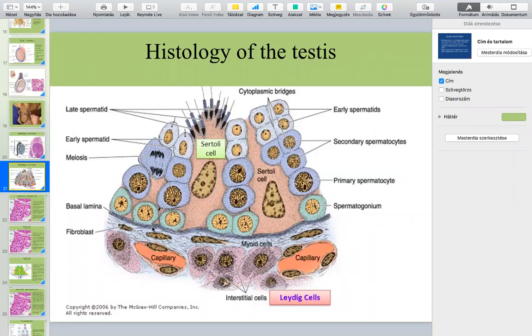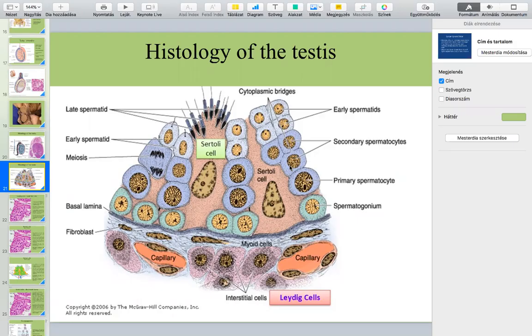It's a really compressed, multilaminated basal membrane, and really close to the membrane, or we can say resting on this membrane, are the less developed cell types called spermatogonia. These are the spermatogonia, and they differentiate into primary spermatocytes, and the primary spermatocytes later become secondary spermatocytes.